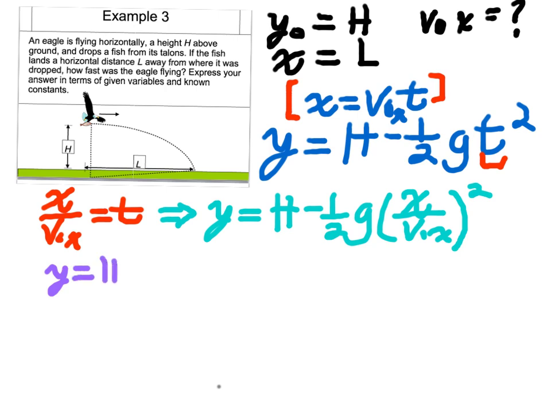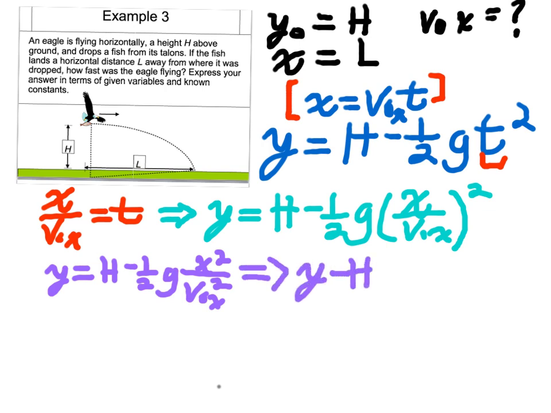So I have y equals h minus 1/2 g x squared over v naught x squared. Whew, this is going to be a tough one. So now, let's move the h over. y minus h equals negative 1/2 g x squared over v naught x squared. I dropped my negative.